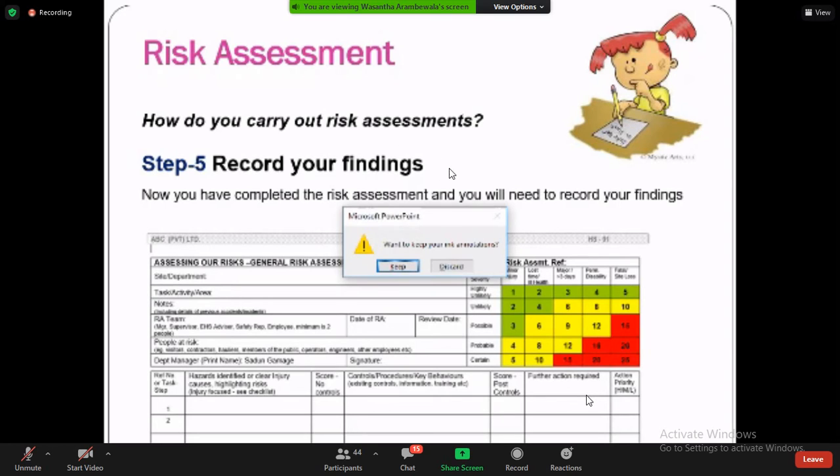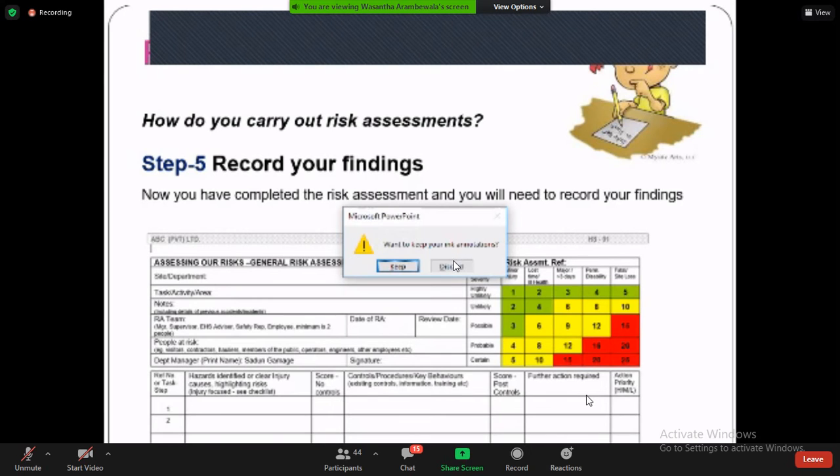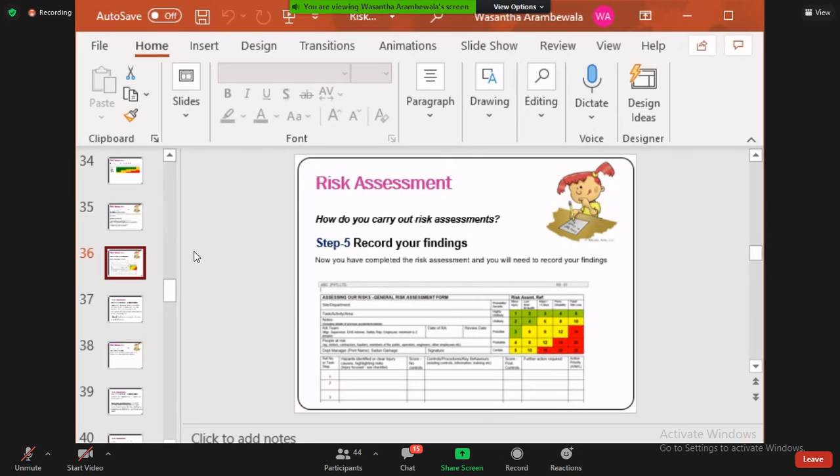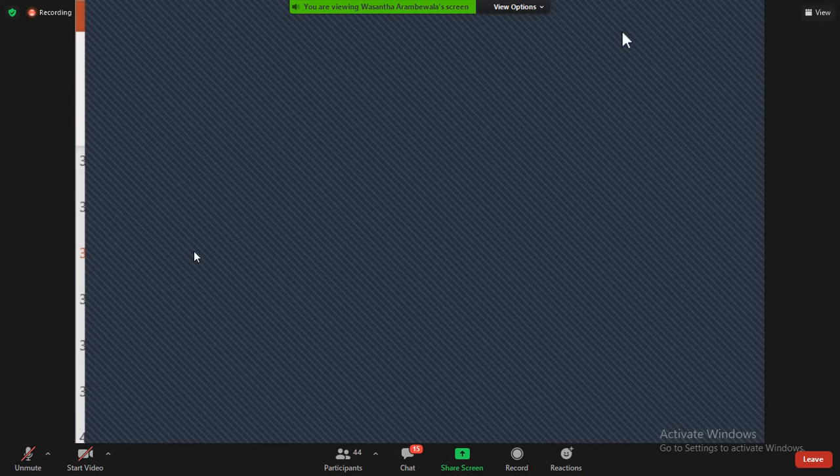Let me open one of the assessment forms and take you through how to record those things. Can you see this?